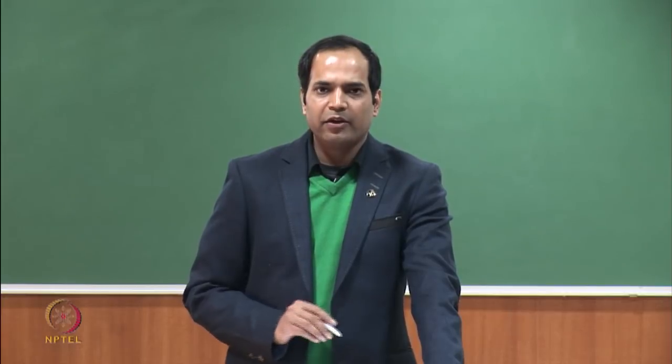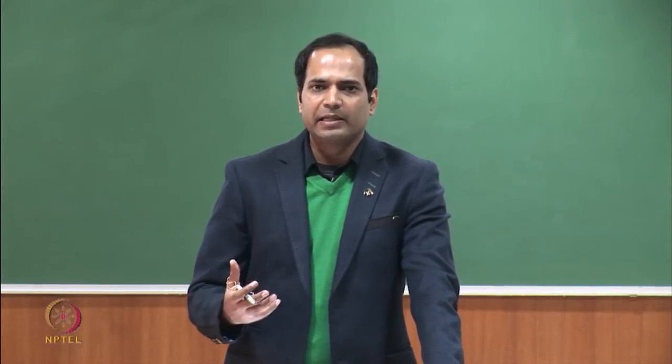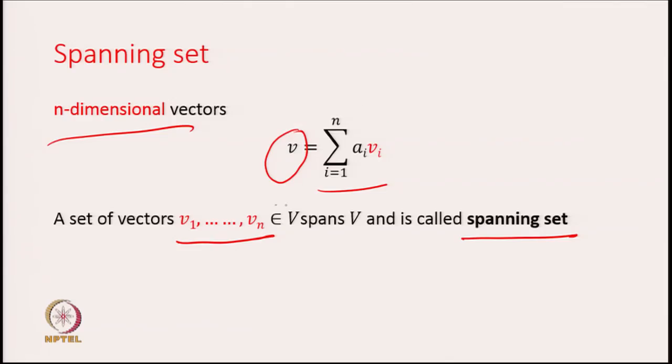A set of vectors v1, v2, ..., vn, which allows us to span a space, is known as a spanning set. Why are they allowing us to span a space? Because I can change the values of these ai's, and by changing the values of ai, I can go to any point in that space. So, this is the meaning of spanning the space. Okay.